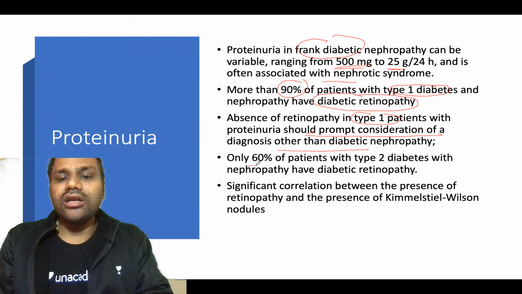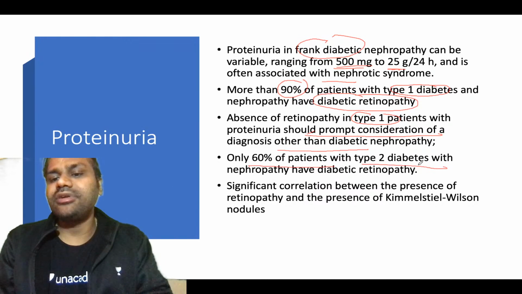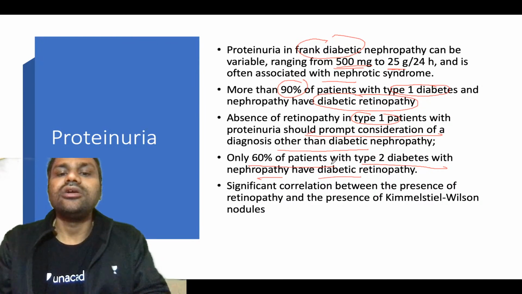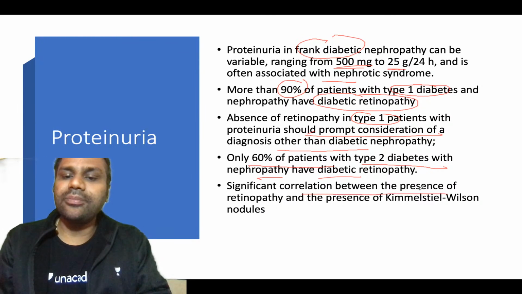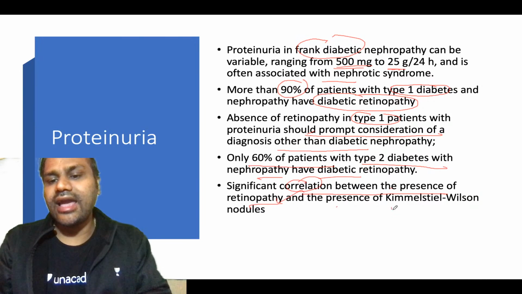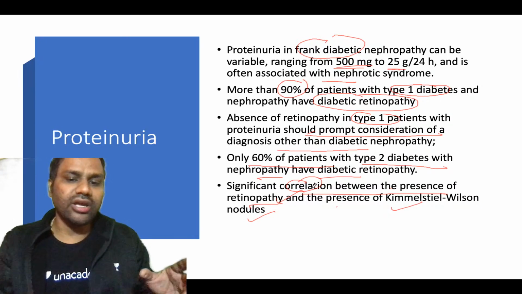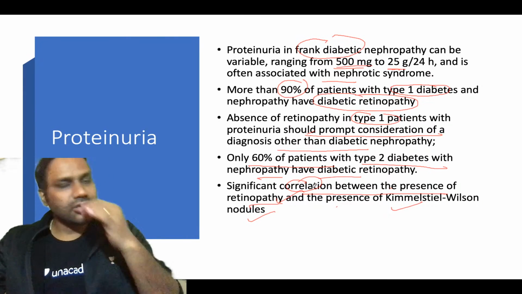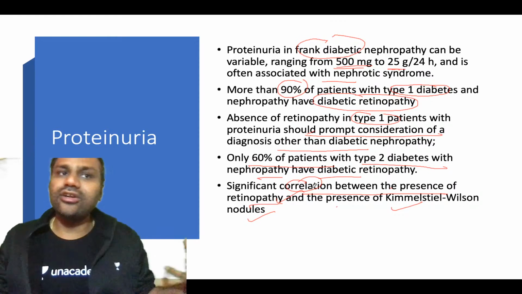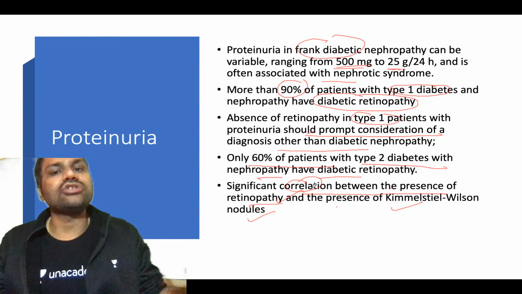Now remember, only 60% of type 2 diabetes mellitus patients with nephropathy have diabetic retinopathy. And there is a significant correlation between the presence of retinopathy and Kimmelstiel-Wilson nodules also. If Kimmelstiel-Wilson nodules are present in nephropathy, then the chances of retinopathy are also high.